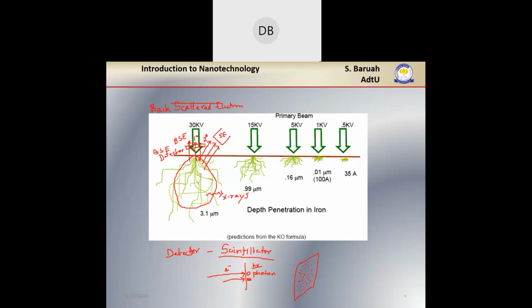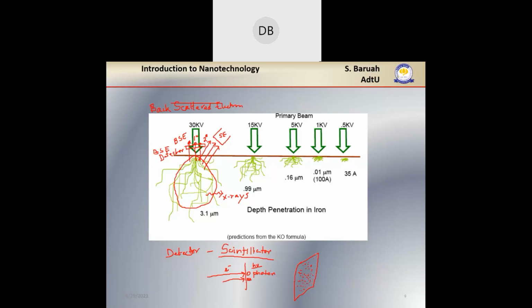If this one is very high, this part will become bright. This is less, this part will become dark. So the whole screen will be a variation of different intensities of light. Those with low intensity will be darker, those with high intensity will be brighter, and we get an image. But you have to first think about how the sample sends out electrons with different amounts of energy.